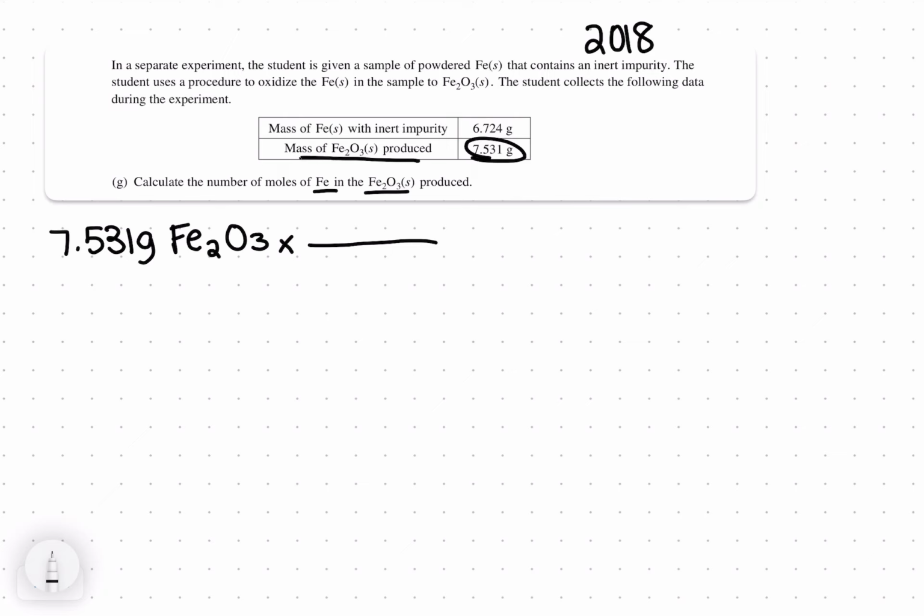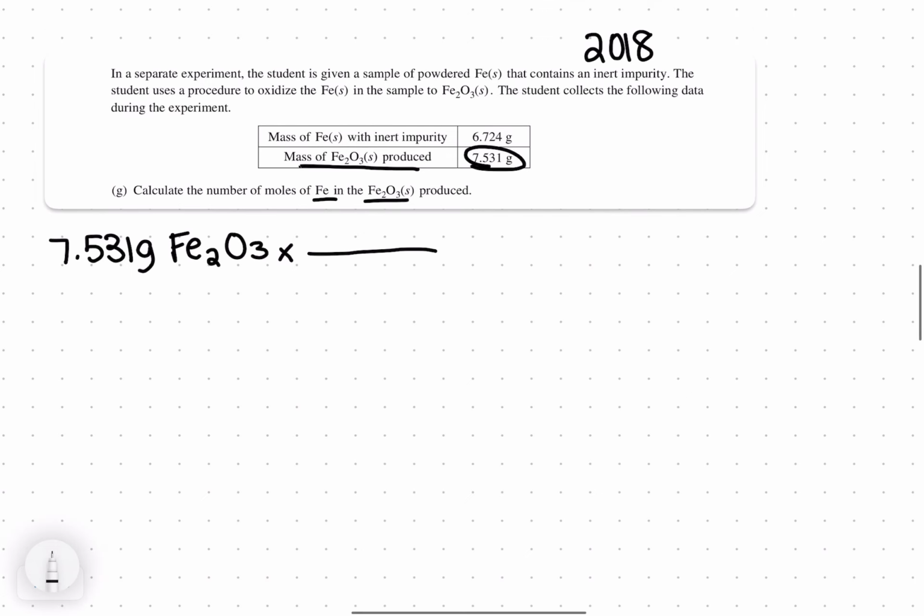So we're going to have a molar mass of 156.69 grams in every 1 mole of Fe2O3.